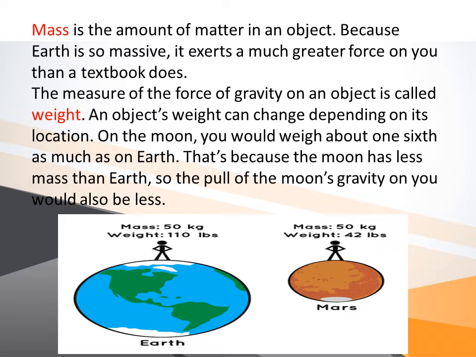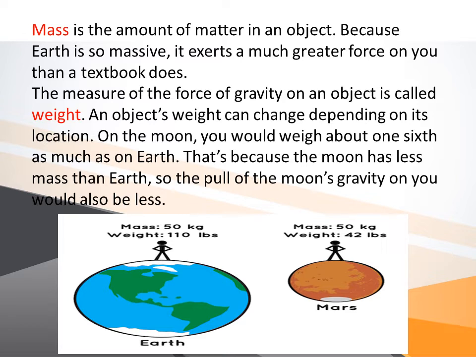Why? Because on the moon you would weigh about 1/6 as much as on Earth. That's because the moon has less mass than Earth. So the pull of the moon's gravity on you would also be less. So mass never changes wherever you go because mass is the amount of matter, but weight may change. Why? Because weight is the measure of the pull of gravity. Look at these two pictures, on Earth and on Mars.